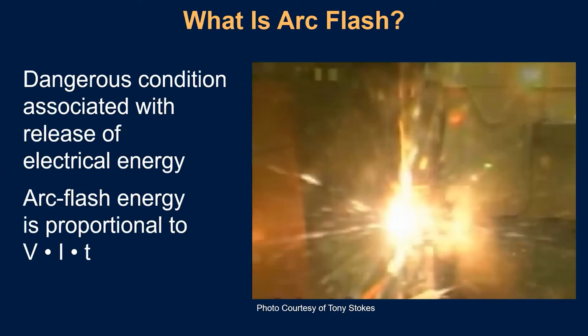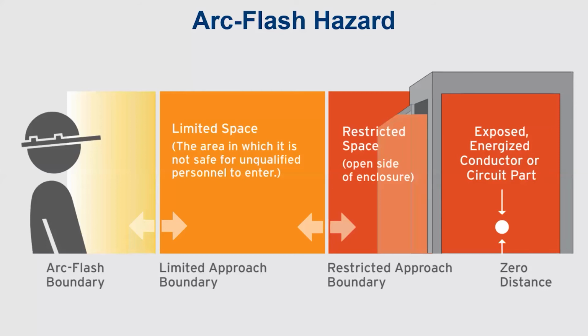As we talk about distance and understand its effect on the arc flash incident energy, there are standards such as the NFPA, the National Fire Protection Association standards, particularly the NFPA 70E, that define certain boundaries and categorize the hazards associated within each boundary. First, if we look at the location of that energized conductor, we define a working distance from it, the working distance between this arc point and your head and body.